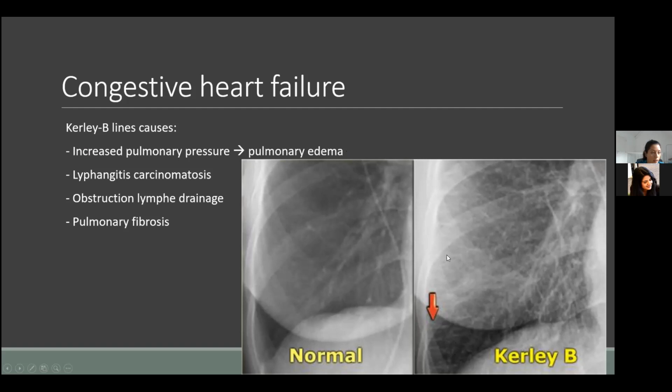You see here several Kerley B lines. This is the normal chest X-ray of the same patient. Kerley B lines can also be seen in a malignant cause, also obstructions of lymph nodes and pulmonary fibrosis. So it's not a specific sign for pulmonary edema.